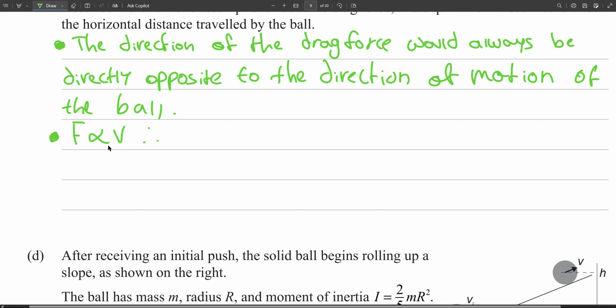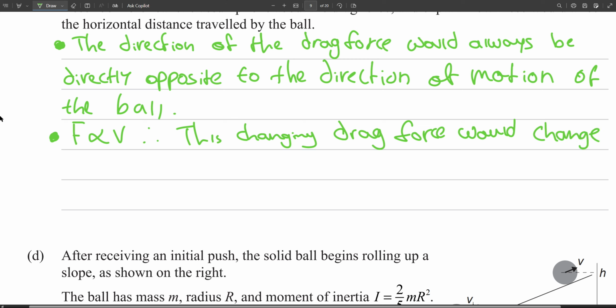Therefore this changing drag force would change the velocity of the ball over time.